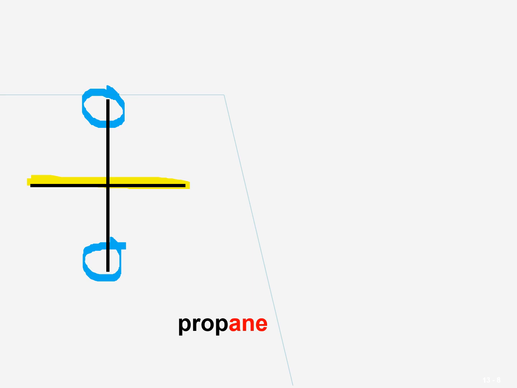Again, due to the symmetry, it doesn't really matter where I start counting, the central position is going to be 2. So there are going to be 2 methyl, so it's dimethyl, and it's 2,2-dimethyl propane.